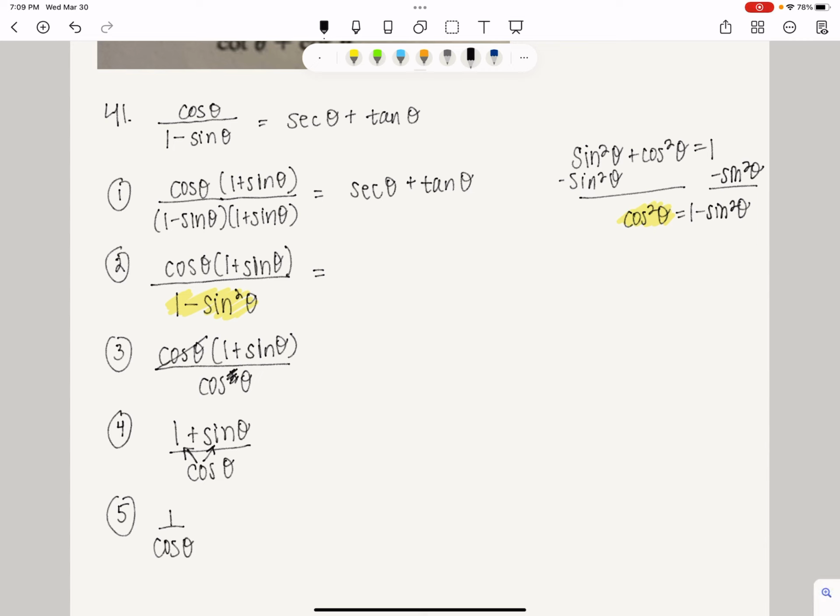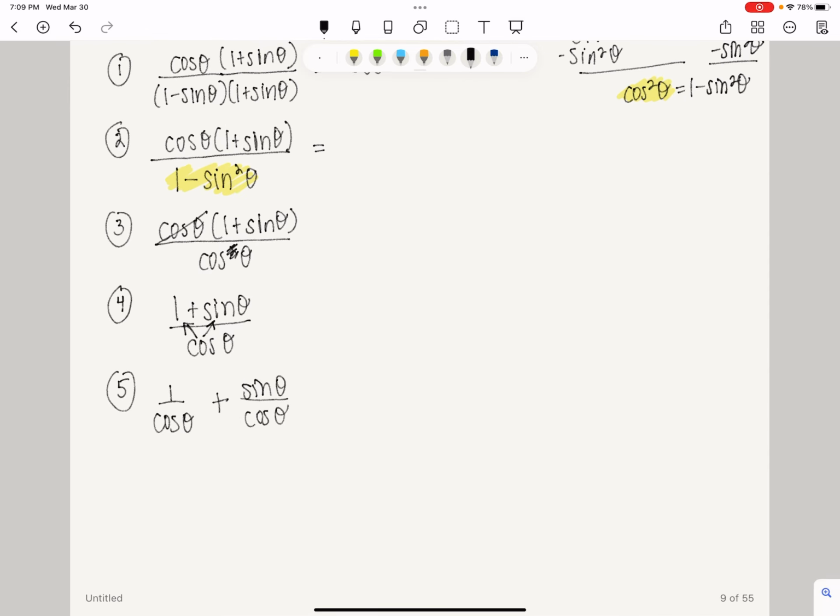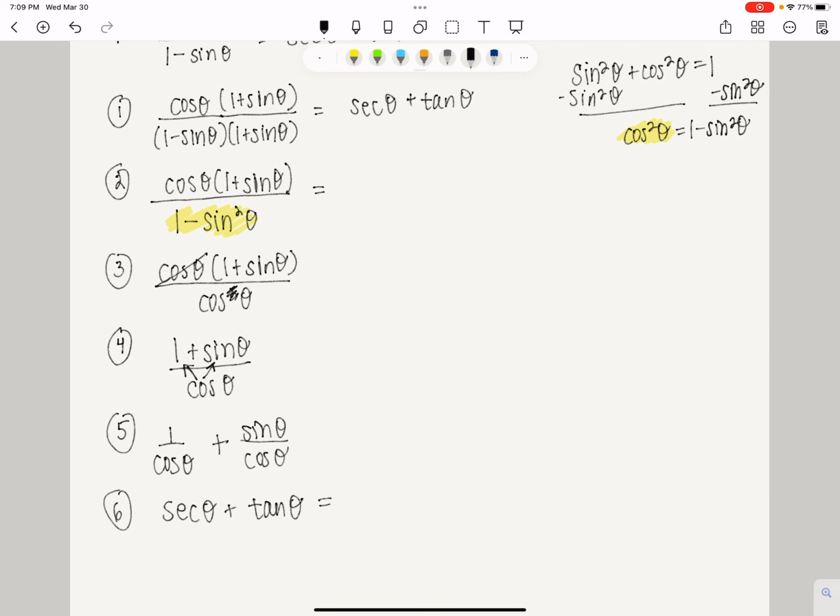That's how fractions work. 1 over cosine of theta plus sine of theta over cosine of theta. 1 over cosine is secant of theta, and sine over cosine is tangent of theta, and that's exactly what we wanted to transform the left-hand side to look like.